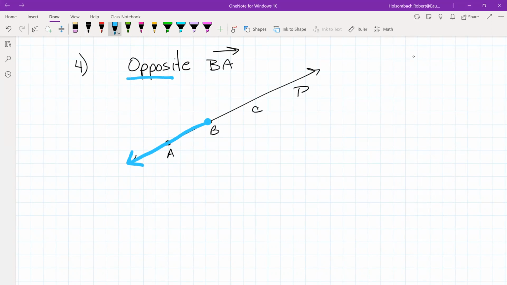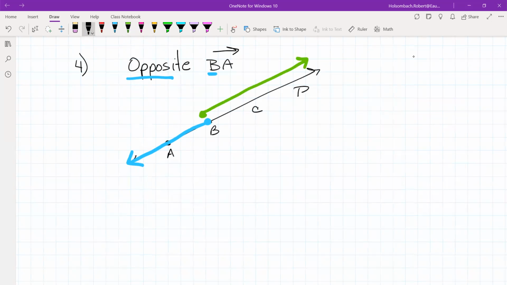Opposite of BA. Opposite rays start at the same place, but they go opposite directions. So opposite of BA would be something that starts at B and goes this direction.